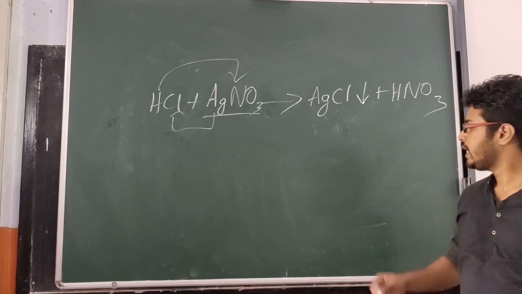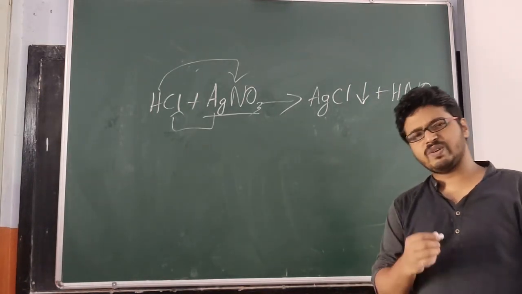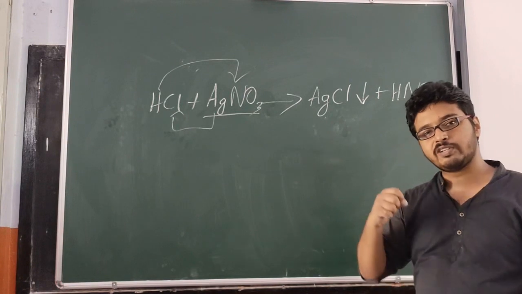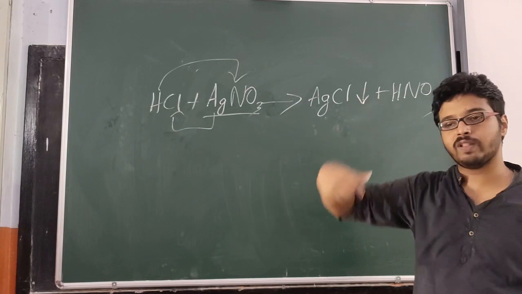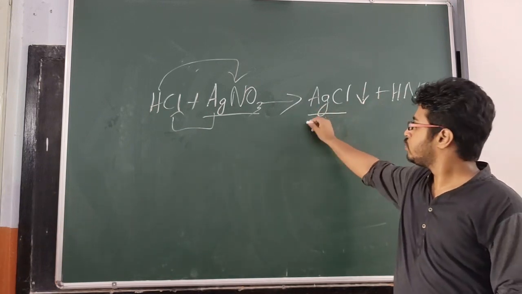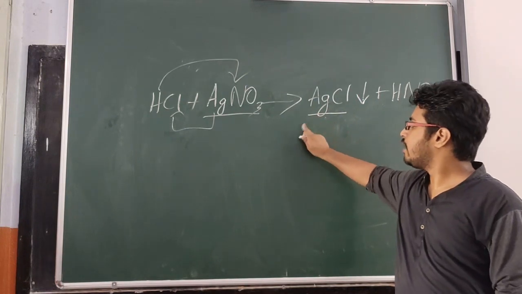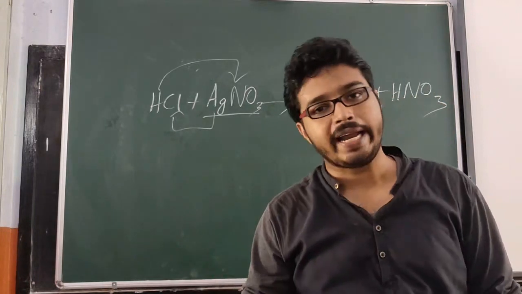I hope you understood. Now, what is the observation for this reaction? There is no need to study the precipitate of all the three separately, but there is a special case for silver chloride. The chloride precipitate will always be white.